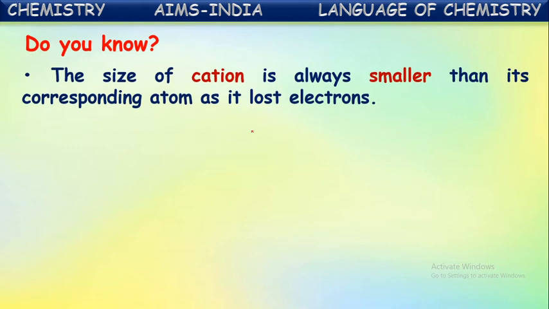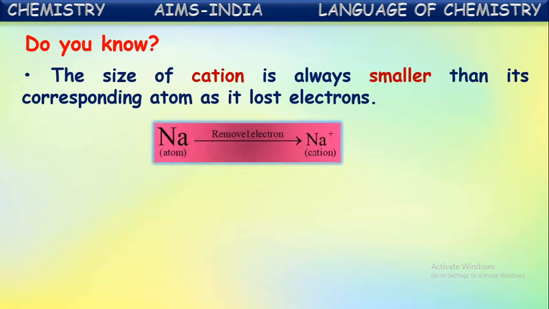Do you know one interesting point? The size of a cation is always smaller than its corresponding atom as it lost electrons. For example, the sodium ion, Na plus, its size is smaller than the original sodium atom's size because it lost one electron.